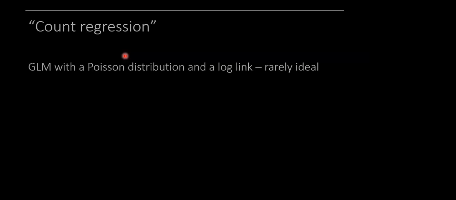I would say that a good 95% of outcomes are probably going to be usefully modeled either with a linear regression, if you've got a continuous variable, or a logistic regression, if you've got a binary variable, or, if they're counts or rates, with, as we'll look at now, a Poisson or a related model.